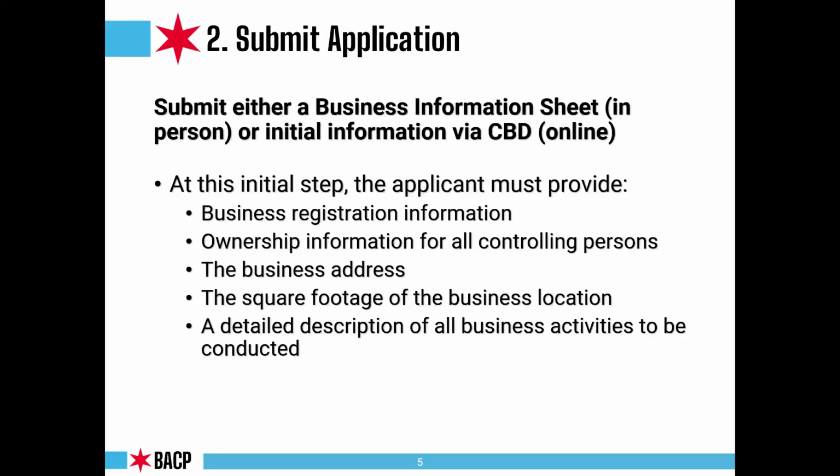However, there are some license types where the fee is driven by square footage, and so you want to ensure that you have the appropriate square footage on your application. If you're unaware of what the square footage is, for the most part, it tends to be listed on the lease agreement. So if you're leasing, most times we can find the square footage there, and so you'll want to reference your lease.